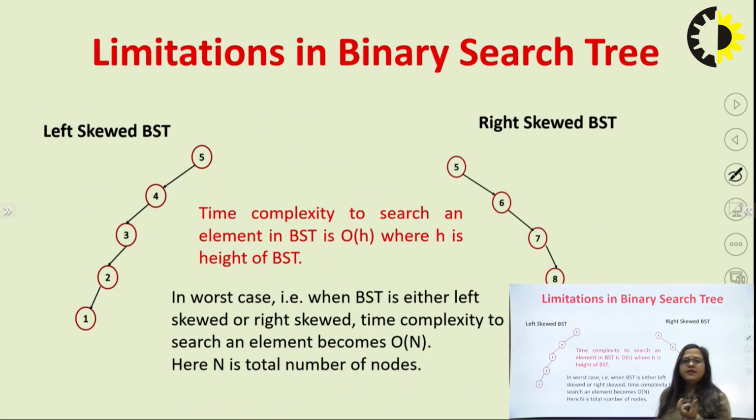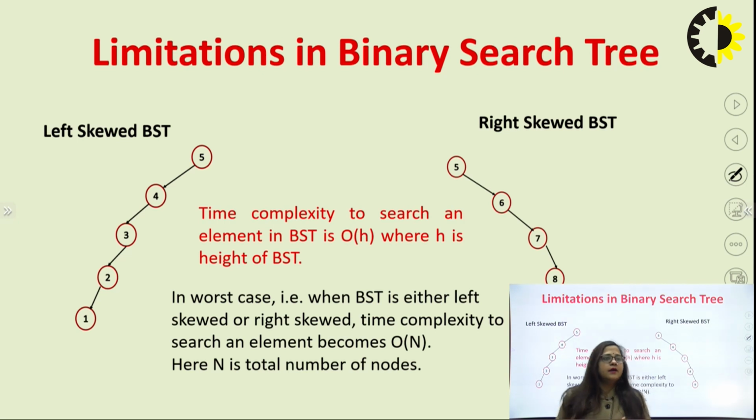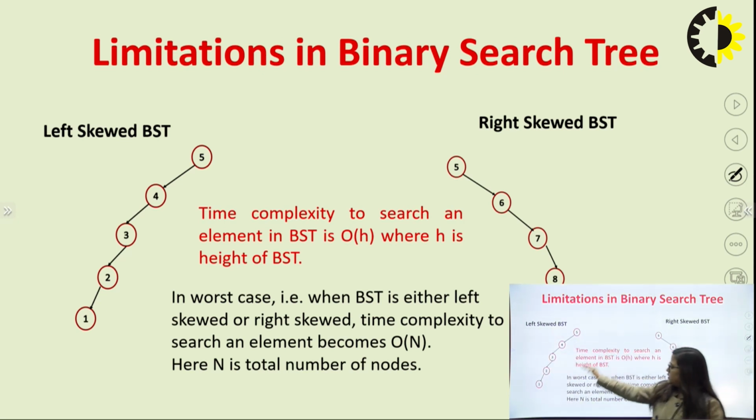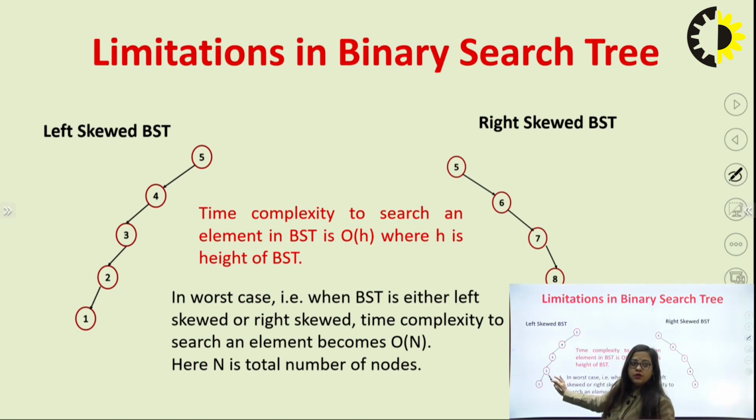Now some limitations of the BST. Let's suppose this is also a BST, because the BST condition is that a node has 0, 1 or 2 children. According to this, this node has 1 child, no issue, and this node has only 1 child, no issue, again 1 child, and again 1 child, no problem.